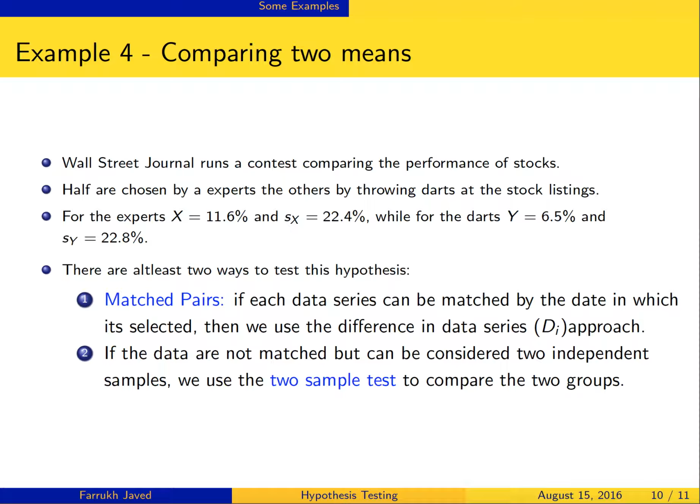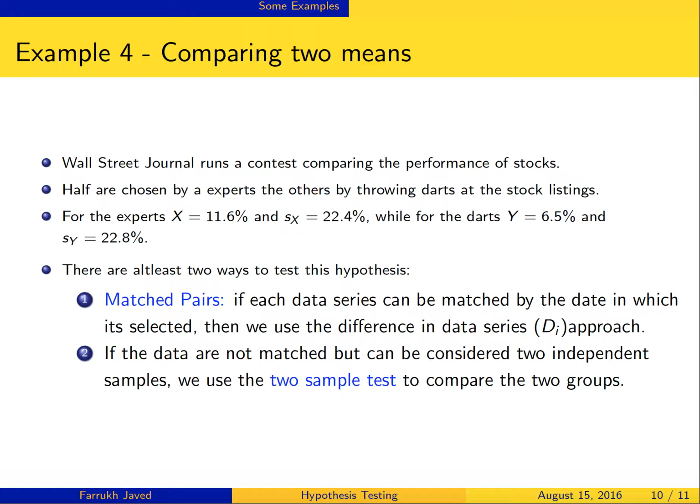You understand me? But if data are not matched, like if they are not sampled or selected at the same date, at the same point, then they can be considered as two independent samples. They are not depending on one another, right? They are not obtained at the same position. They are independent.